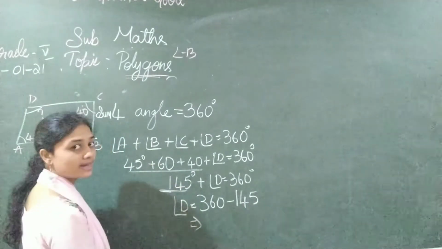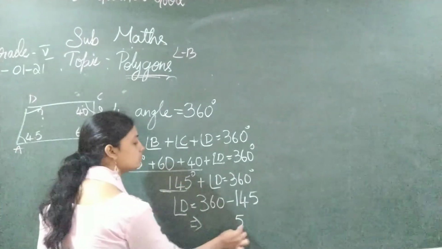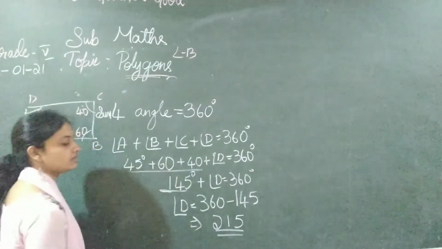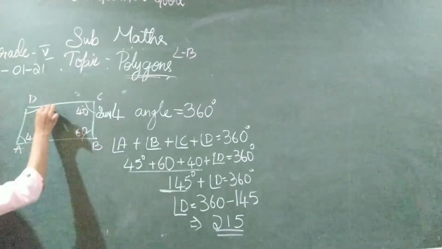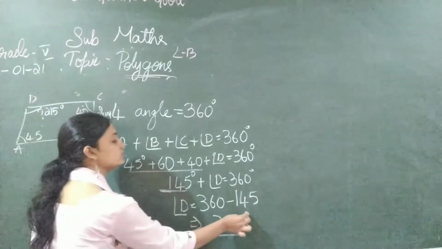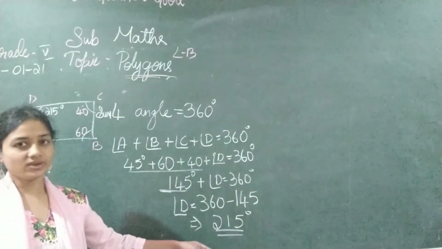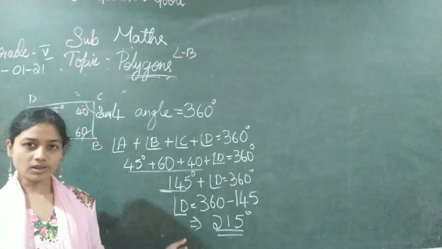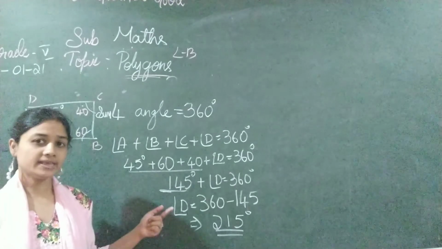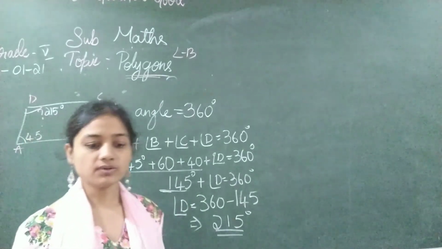So what will be my answer? My answer would be 215. So my missing angle would be 215 degrees. So the angle D is 215 degrees. This is called the angle sum property, and now you know how to find the missing angle too. So that's it, your explanation.